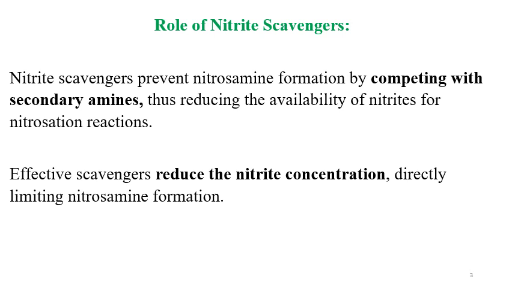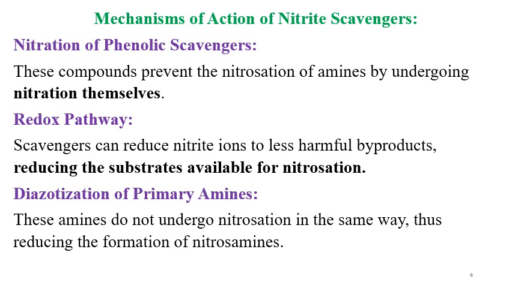This is the prerequisite for nitrosamine formation, and nitrite scavengers prevent it by competing with the secondary amines so that there is a reduction in the availability of nitrites for the nitrosation reaction. Effective scavengers reduce the nitrite concentration, directly limiting the nitrosamine formation. So this is the idea about the scavenger's role.